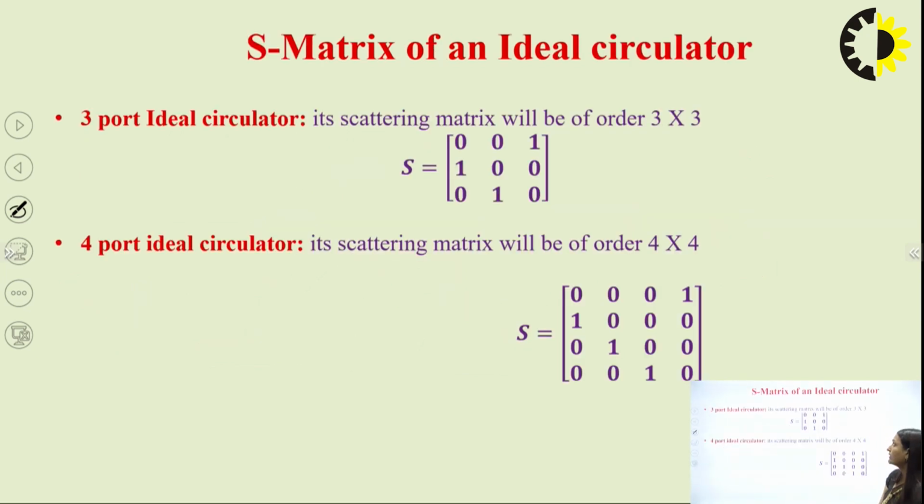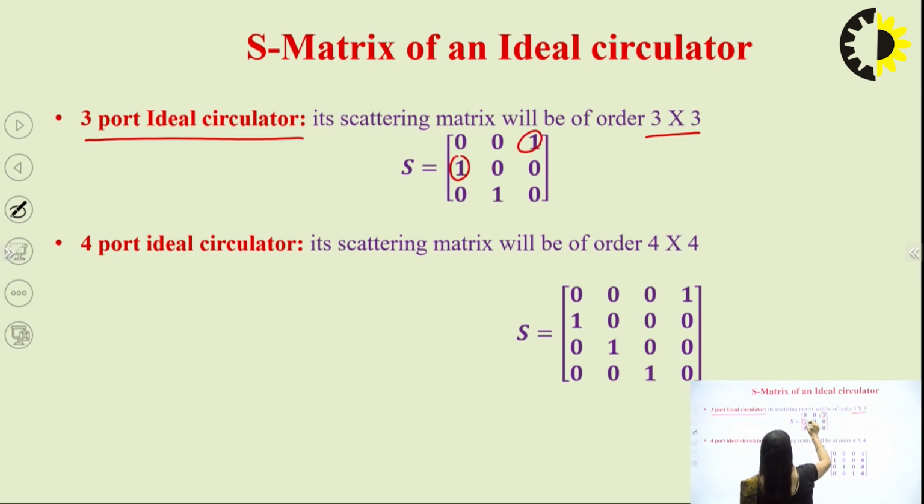So, the scattering matrix of an ideal circulator. This is the scattering matrix of a 3-port ideal circulator, right? It is 3-port, so the order of the matrix is 3 by 3. There are 9 elements, and the nonzero elements are all 1, right?